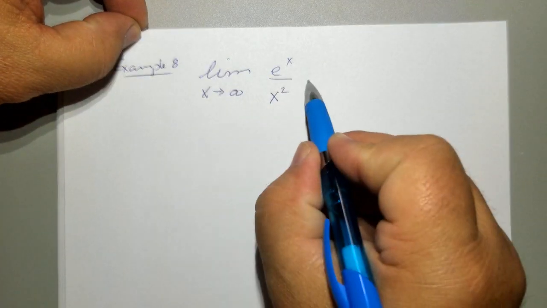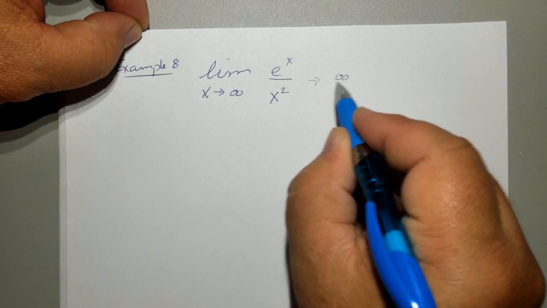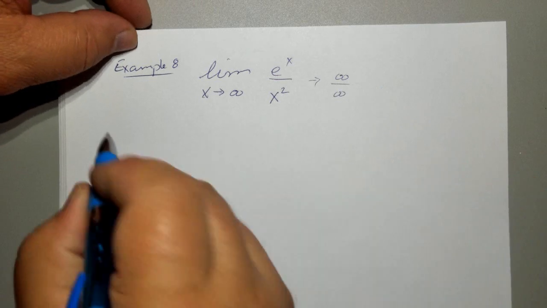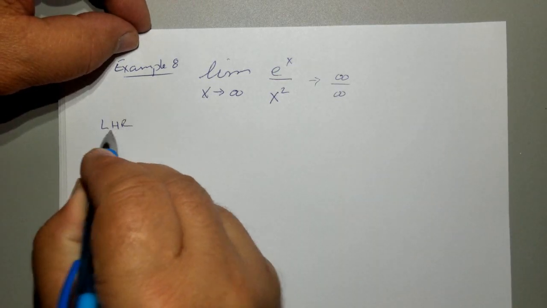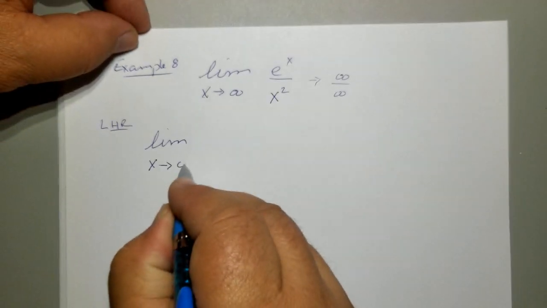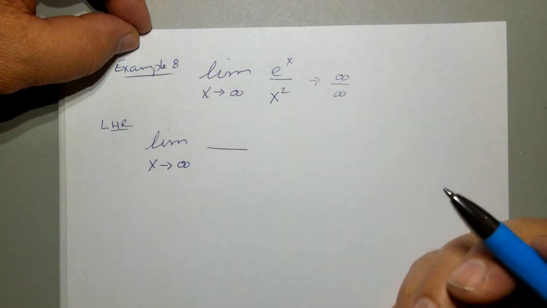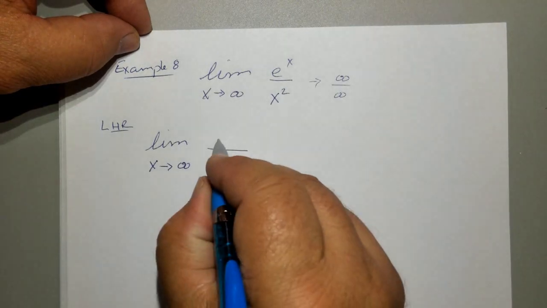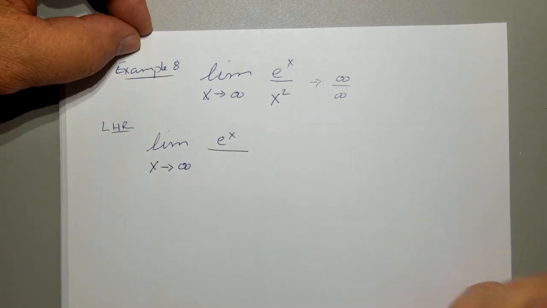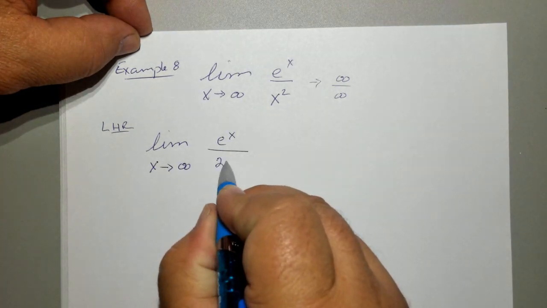So if we plug in infinity, e to the power infinity goes to infinity over infinity. So we could do L'Hopital's rule. The derivative of e to the power x is e to the power x. The derivative of x squared is 2x.